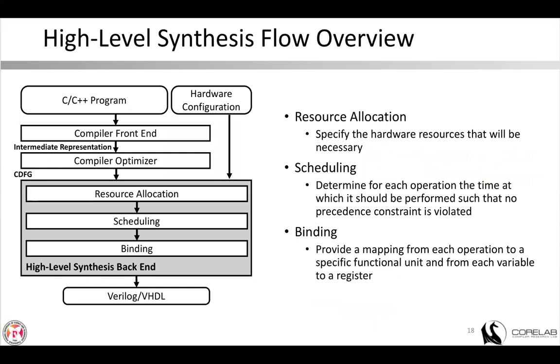The general HLS flow is usually divided into 3 steps: resource allocation, scheduling, and binding. The resource allocation step specifies the hardware resources that will be necessary, so it has a lot of influence on the hardware design area.